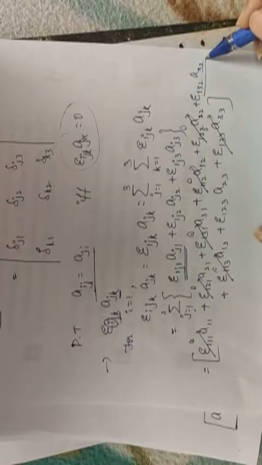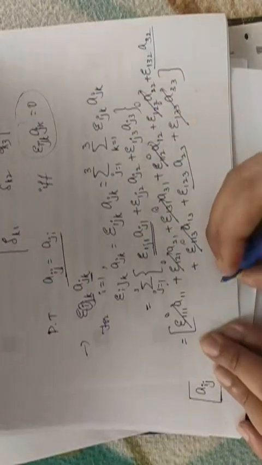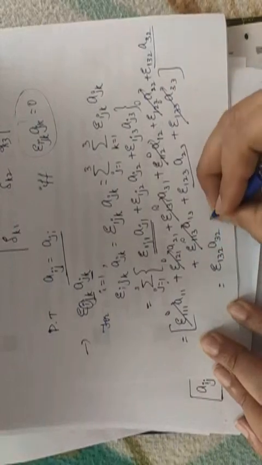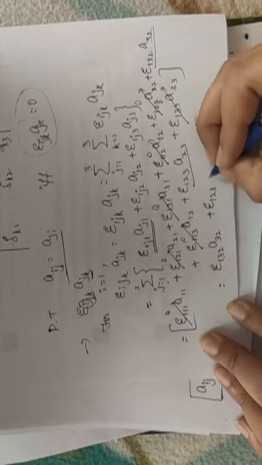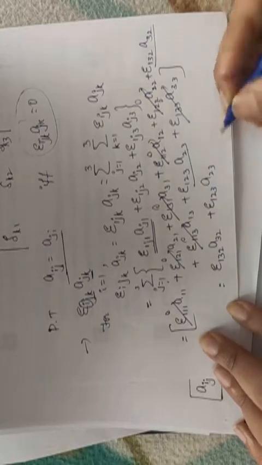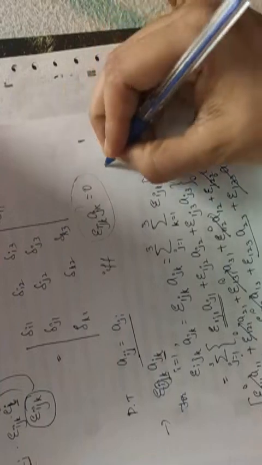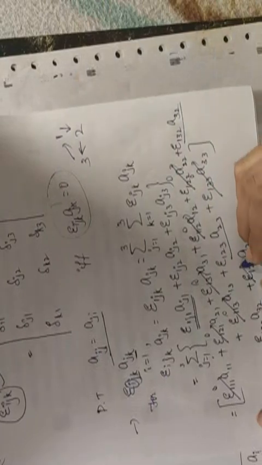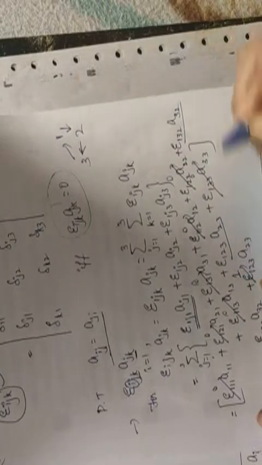So you will be left with two terms, that is epsilon 132 a32 plus epsilon 123 a23. So 123 is in cyclic manner. So here the value of epsilon 123 is 1.